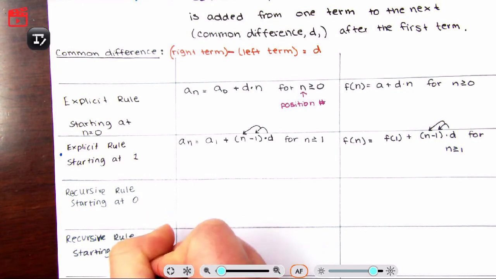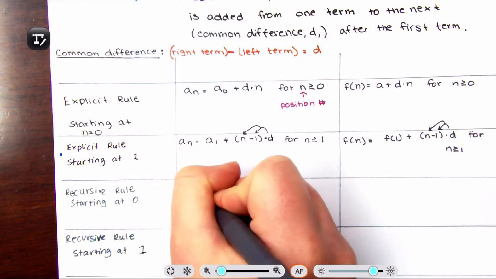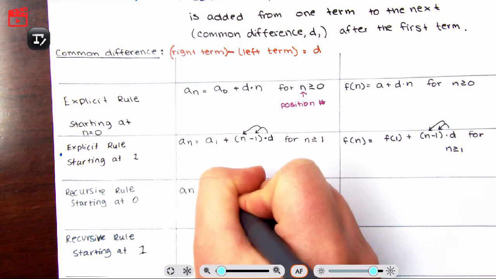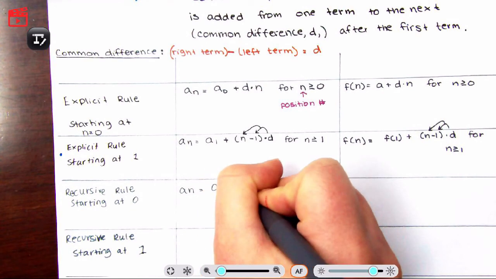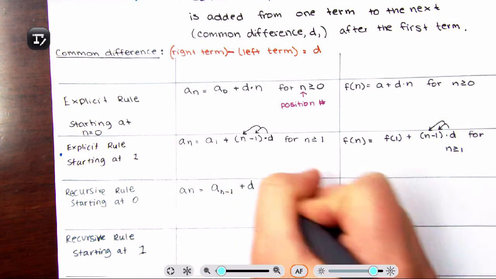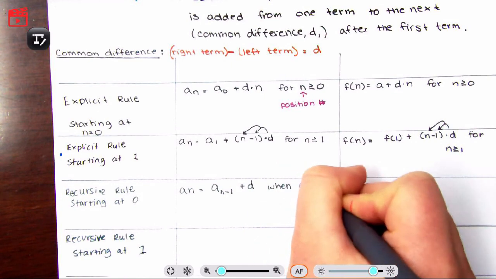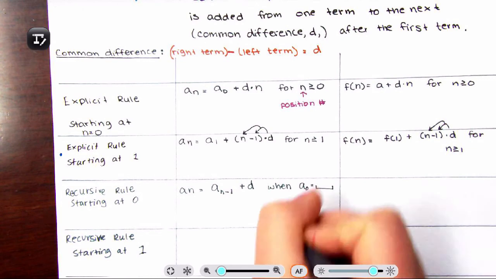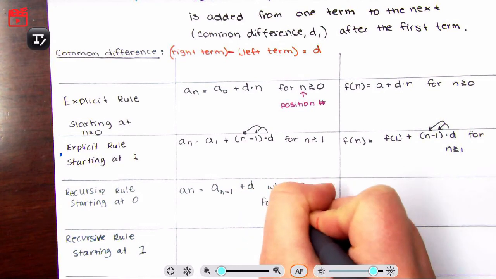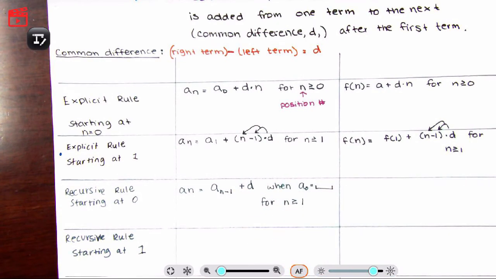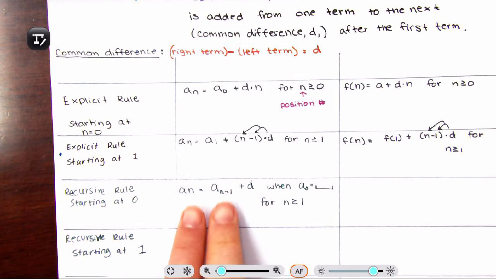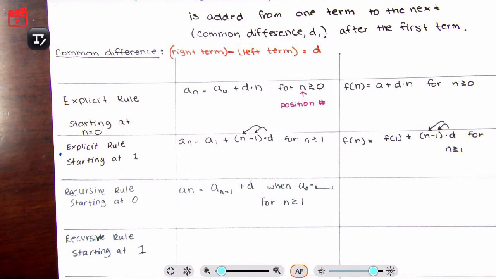Okay, so what the recursive rule is, a sub n is equal to a sub n minus 1 plus d when a sub naught or a sub 0 is equal to something for n greater or equal to 1. This is just fancy notation.